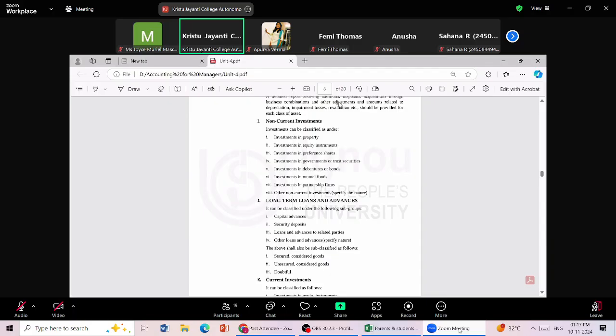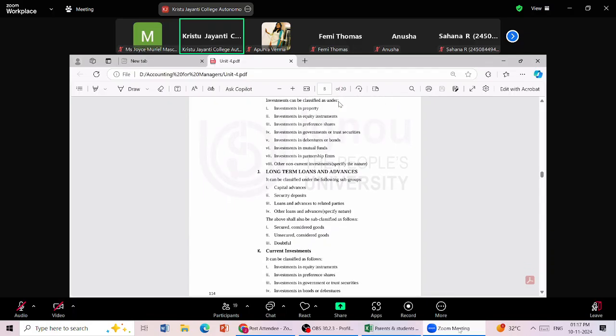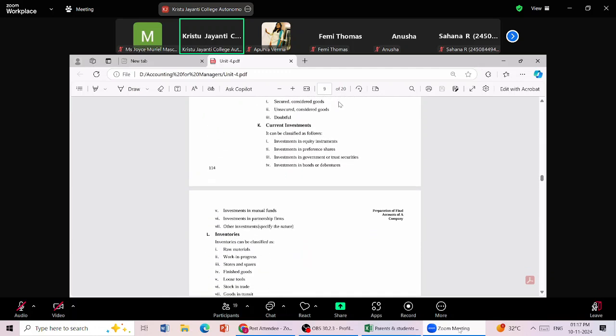Then long-term loans and advances. Here any secured loans, other loans and advances, related security deposits, all of which from our end we have given to anyone, that is an asset for us, so you can show that. And current investment: these are short-term investments like preference shares, government securities, bonds, of less than a 12-month period, you can bring under that.